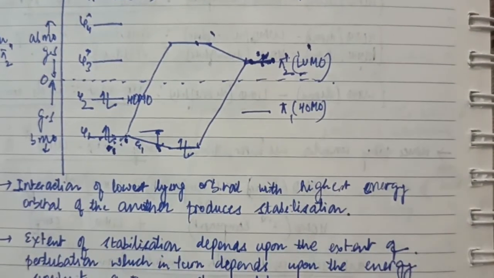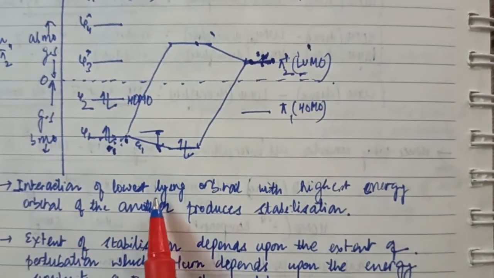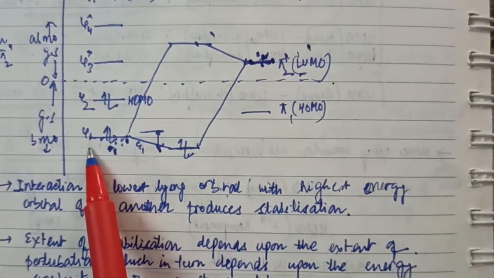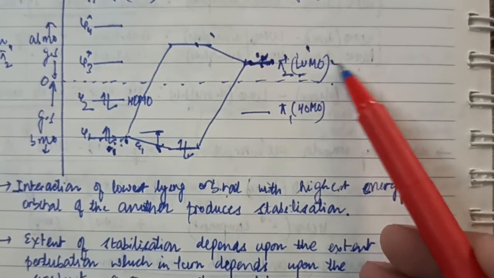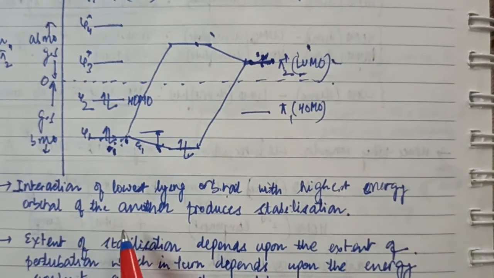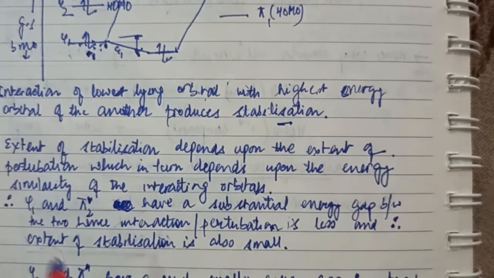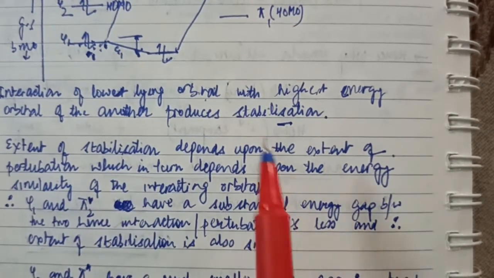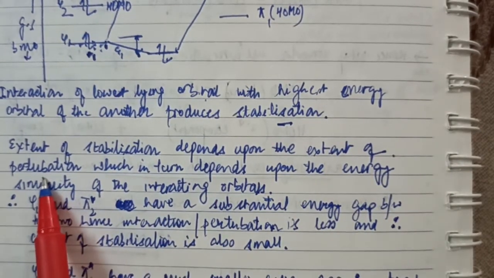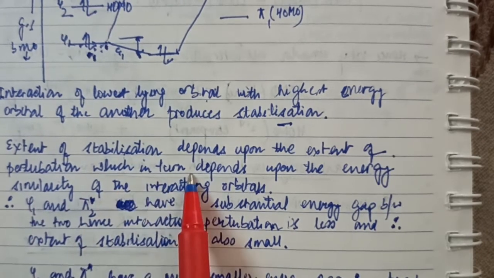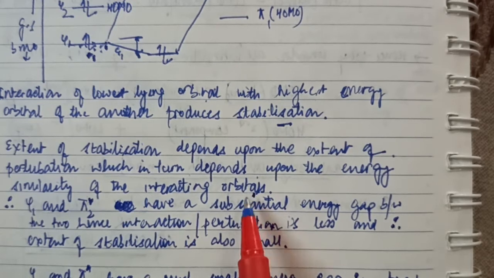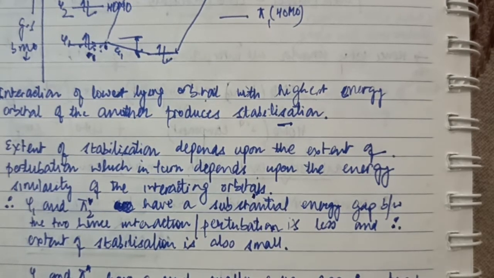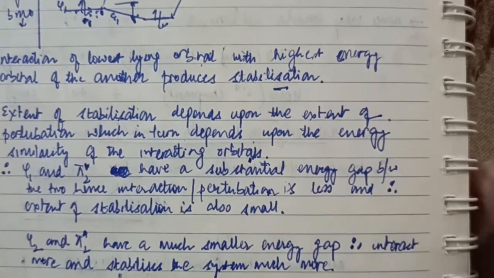Therefore, the interaction of the lower-lying orbital, that is in this case psi 1, with the highest energy orbital, as an example in this case pi 2 star, of the other component also brings stabilization. And as I've told you, the extent of stabilization depends upon the extent of perturbation or interaction, which in turn depends upon the energy similarity of the reactant orbitals. That means how close they are on their energy levels.